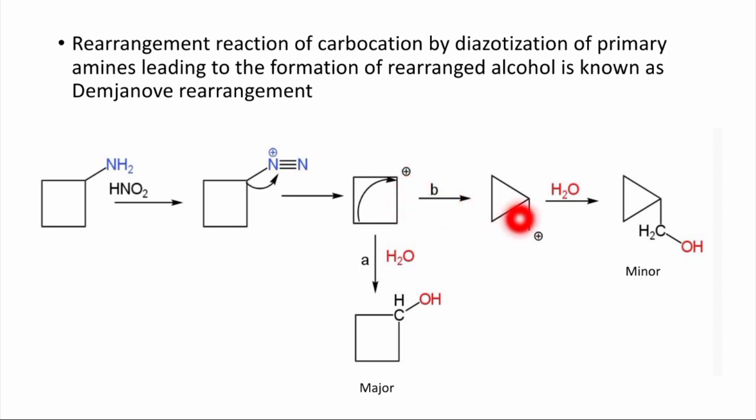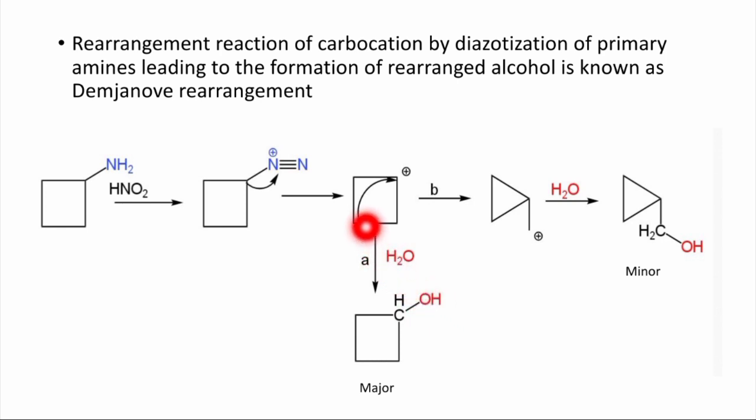In this rearrangement two products are forming because of the stability of carbocation. This carbocation is a secondary carbocation. The secondary carbocation is more stable than the primary carbocation. Therefore, we get this as a major product.